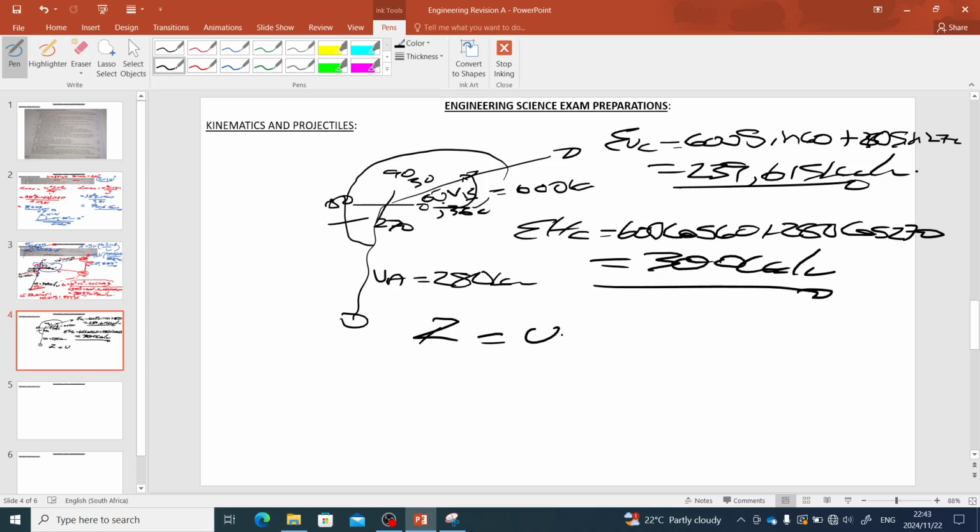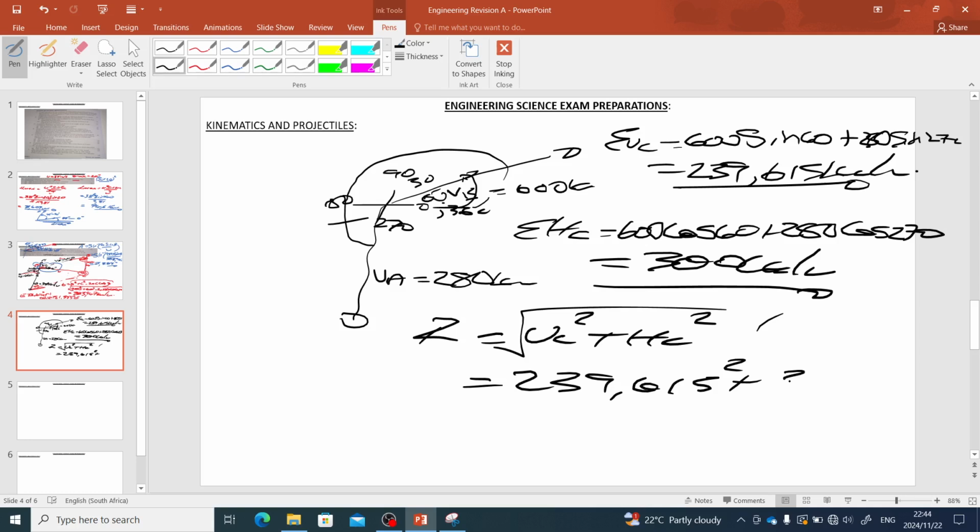Then the resultant would be VC squared plus HC squared, all square root. Then I'm having 239,615 squared plus 300 squared, all square root. Now it will be up to you which method you want to use. Preferably use the resolving method. Use this vector method. It will make your life easy.